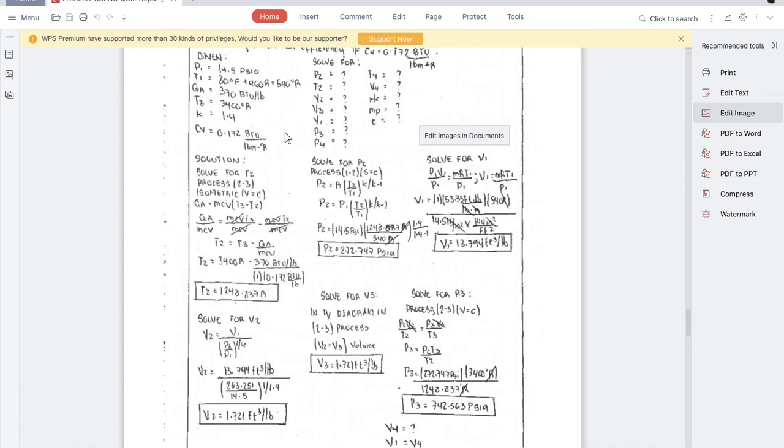For the V4, V1 is equal to V4, so V4 is 13.794 cubic feet per pound.